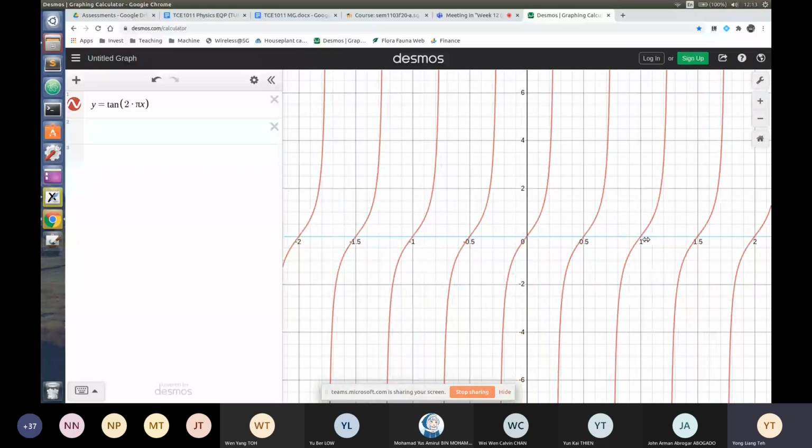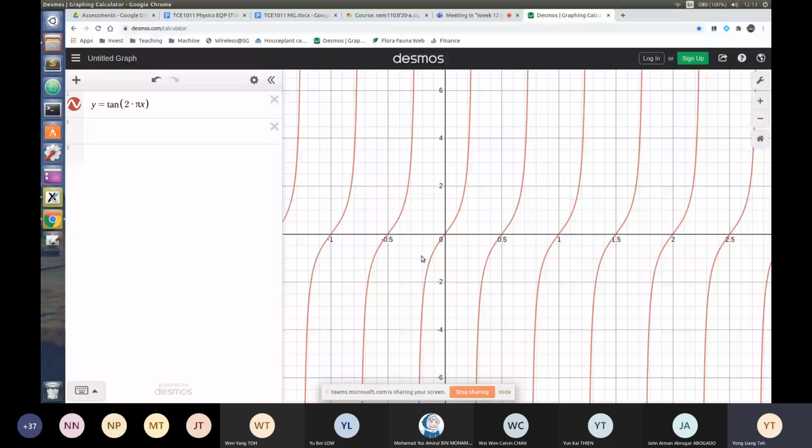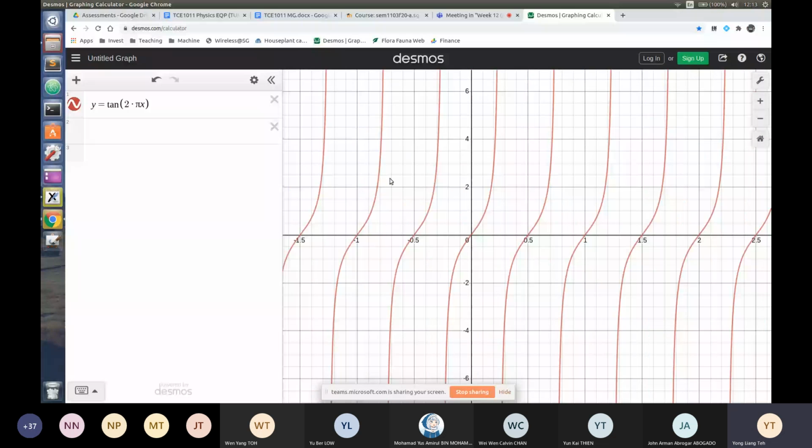So you can see that from minus 1 to 1, how many vertical asymptotes do you have? 1, 2, 3, 4. Four asymptotes, so 4 discontinuity points.